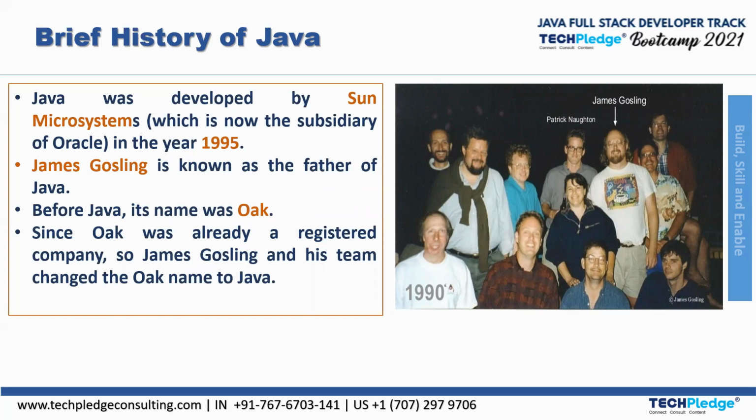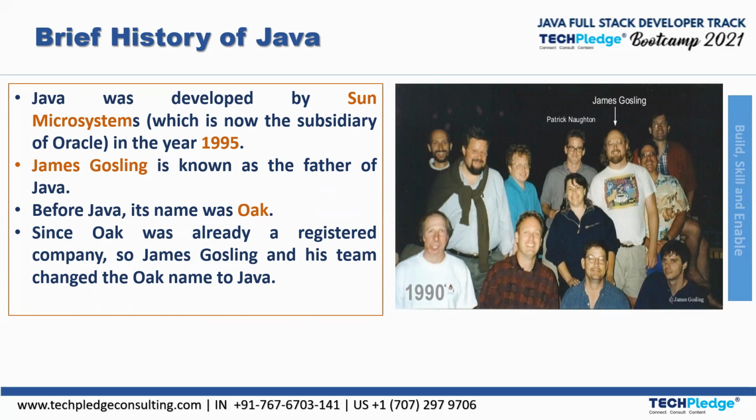From here you can see the image of the entire team. Initially they named Java as OAK, but it was found out that it was already a registered company. So they finally changed it and gave the name Java, the Java that we know and are so used to, which we are surrounded by.